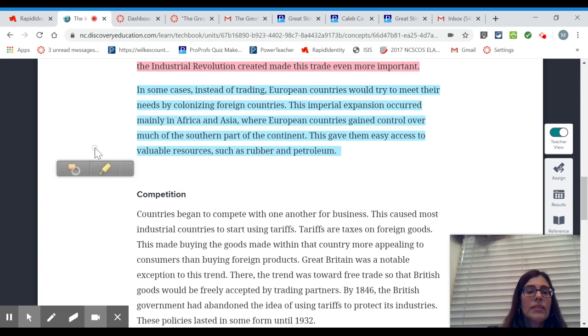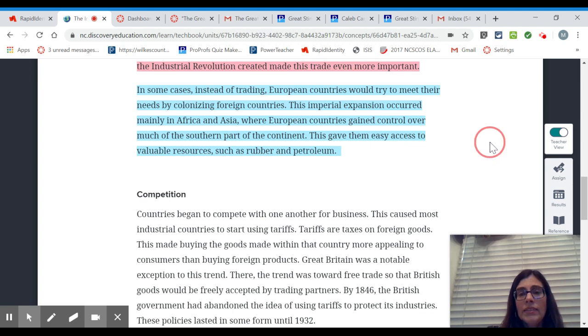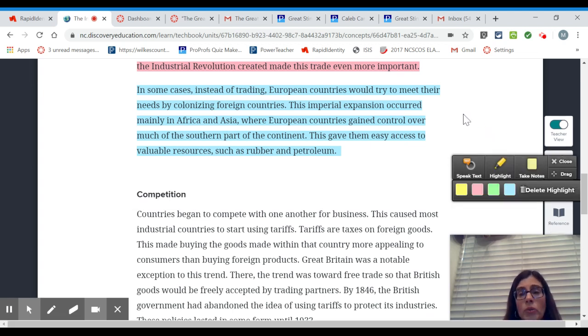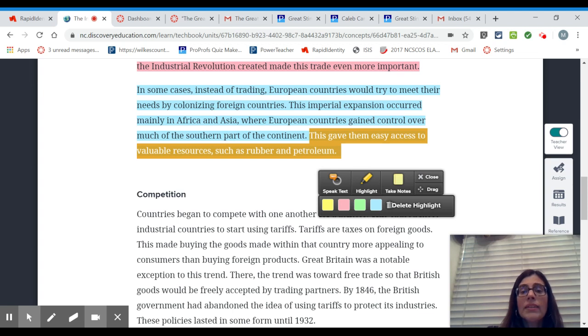Okay, and when they took over these parts of the world, they got easy access because now they owned the country. They were the mother country. They got easy access to these very, very important raw materials or supplies that they needed: rubber and petroleum.